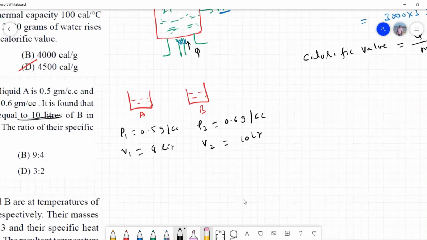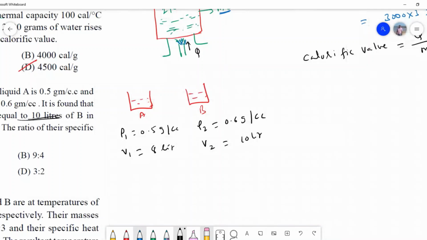First of all, what is thermal capacity? We all know thermal capacity or heat capacity is nothing but mc. But mass is volume into density, so it is V into rho into C. The thermal capacities of both are given as equal. So V1 rho 1 C1 is equal to V2 rho 2 C2. What is V1? 8. Rho 1 is 0.5, into C1, which we don't know.